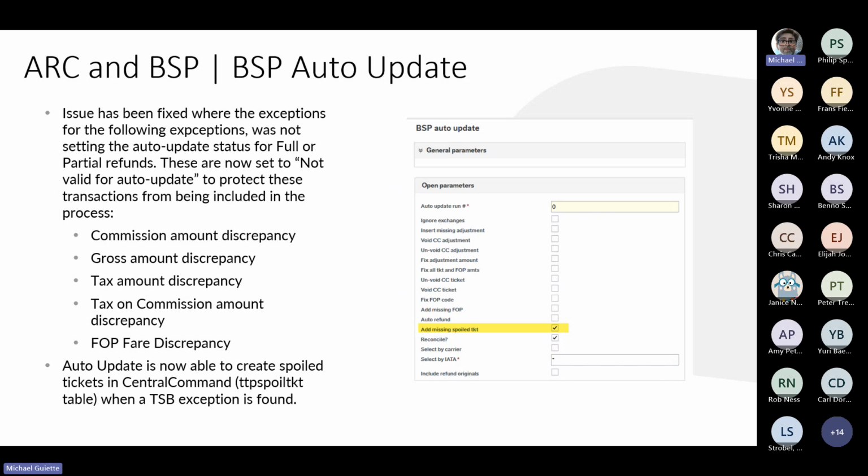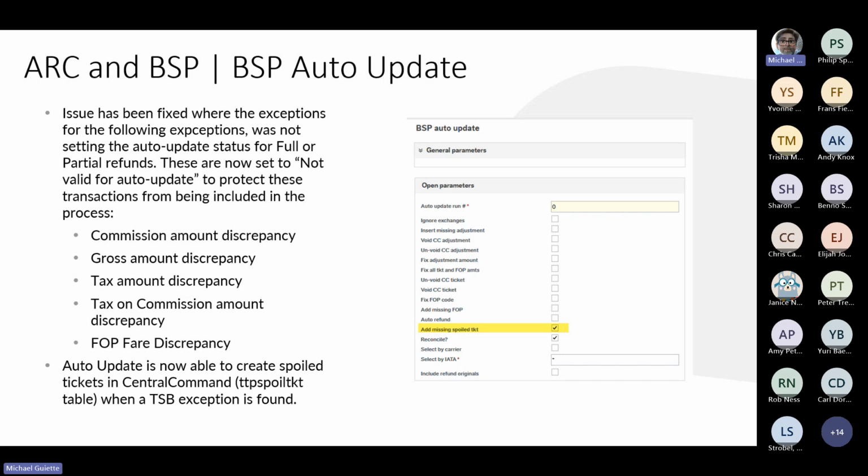Okay, so by running the auto update, selecting add missing spoiled tickets here, you'll be able to add anything from the BSP hot file that shows up as a canceled or spoiled electronic ticket directly to the spoiled commission register.